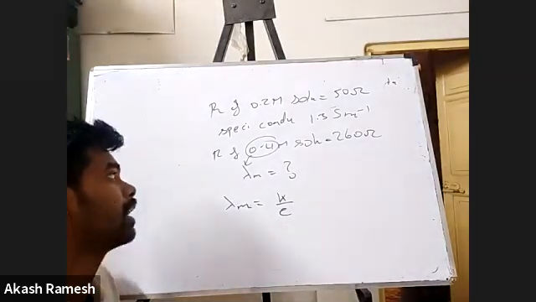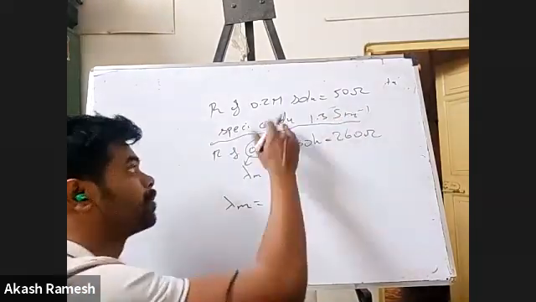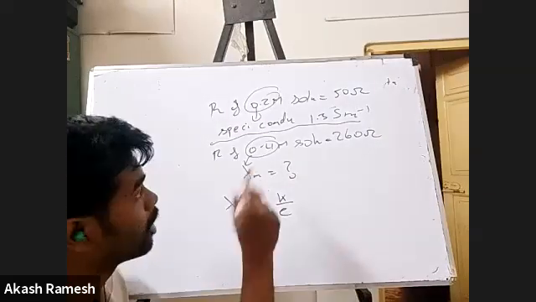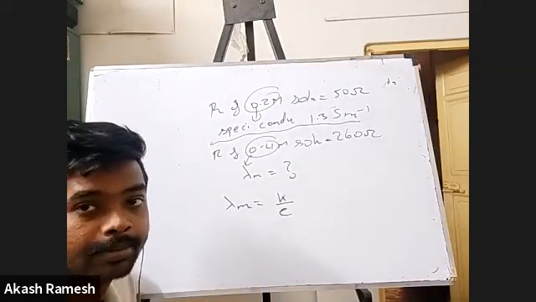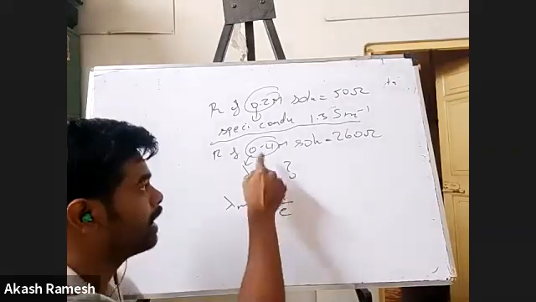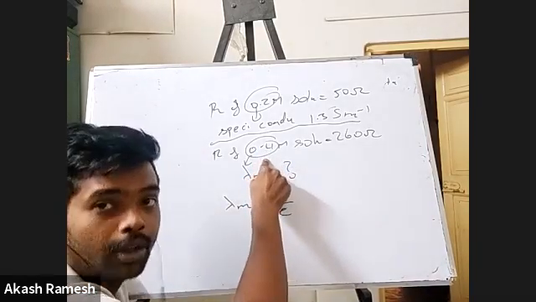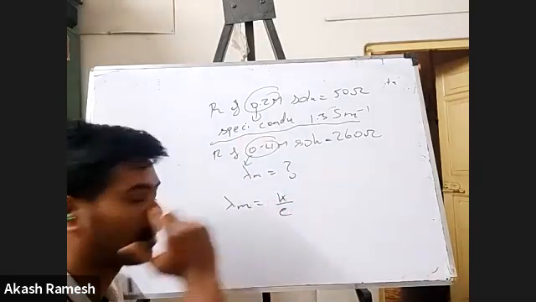What they have given you here is the specific conductance of the 0.2 M solution, not the 0.4 M solution. You have to find the conductivity of the 0.4 M solution, and since you know the concentration, you can easily substitute here.